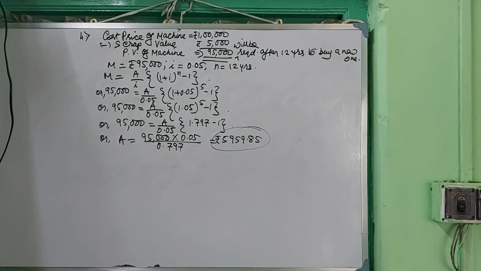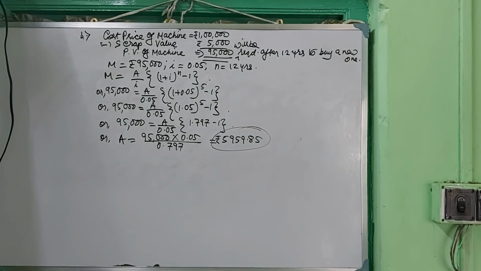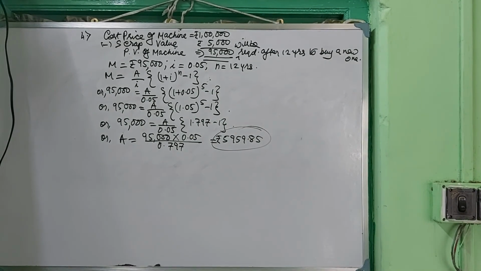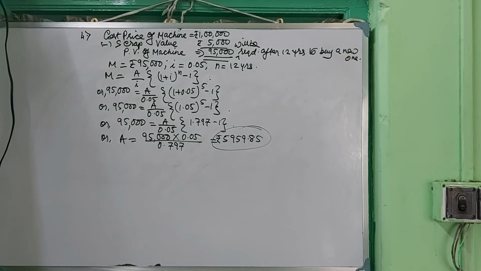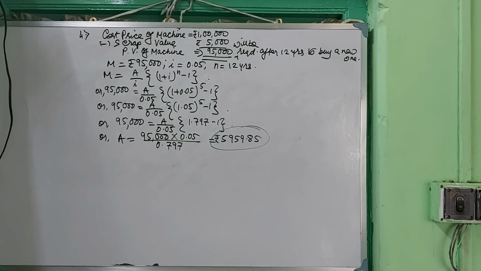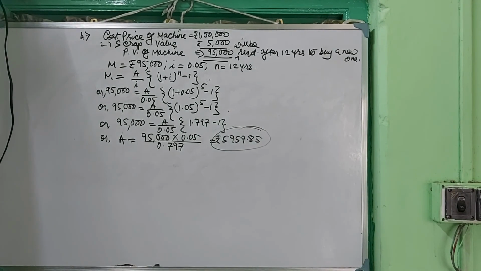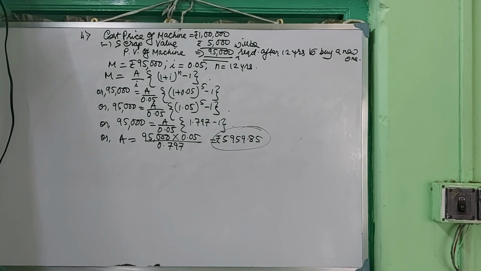If the award starts 2 years after the last installment, and the money earns 3.5% compound interest per annum, find the value of each installment.